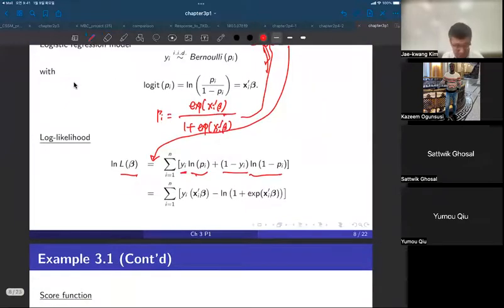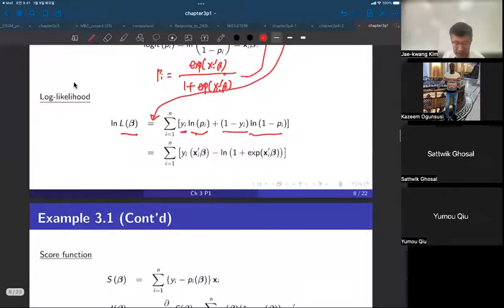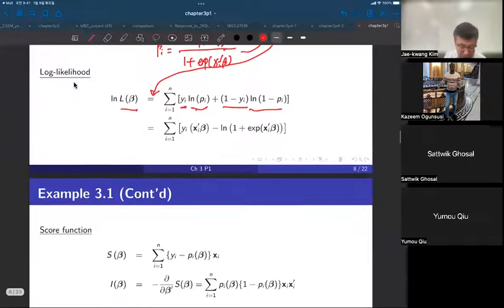And now the question is, what is the score function? The idea is just to try out the algebra this time, so that once you familiarize yourself, you can use it. You don't have to derive it every time.